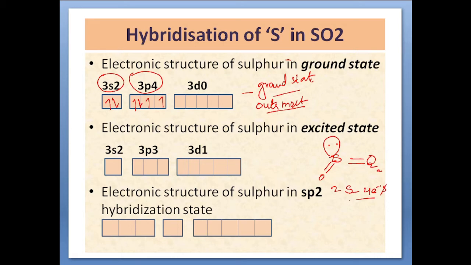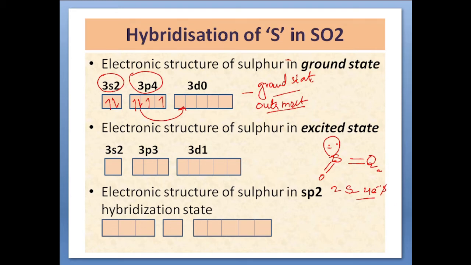This leads to the development of the excited state in sulfur, where one 3p orbital electron jumps to the 3d orbital. So here I am writing the electronic configuration of sulfur in the excited state.